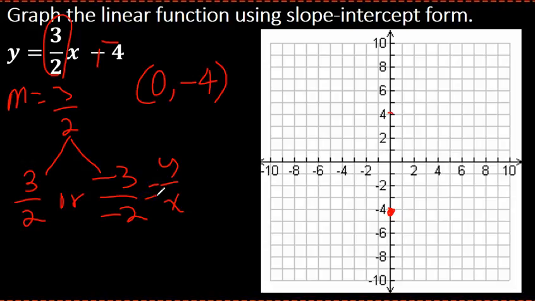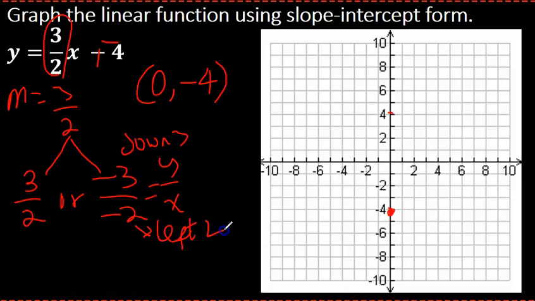So this is going to be 3 units down and 2 left, or 3 up and 2 right.